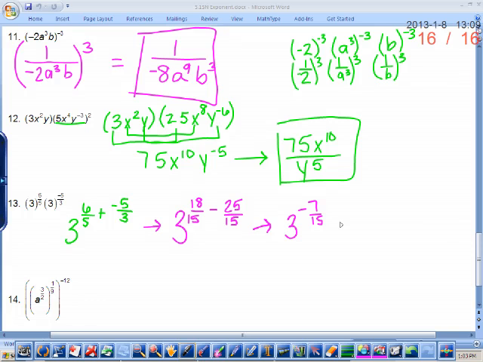No, why not? Because there's a negative. Good, you have a negative exponent, so what do we need to do? Okay, so what do we flip? 1/3. So you have 1 over 3, and then this turns into 7/15. You can also write this as 1 over 3 to the 7/15. Either of those is acceptable.